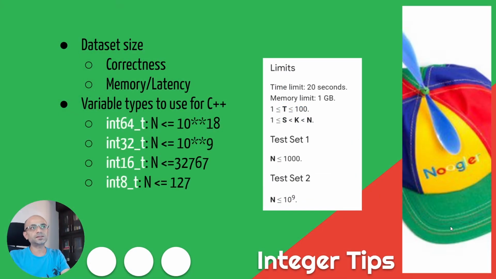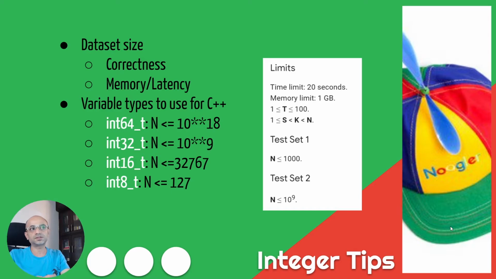So to summarize, normally in these kinds of problems in Kickstart, you will see that some integer max limit will be less than or equal to 10 power 9. So whenever it says 10 power 9, feel free to use int32 as the integer variable.